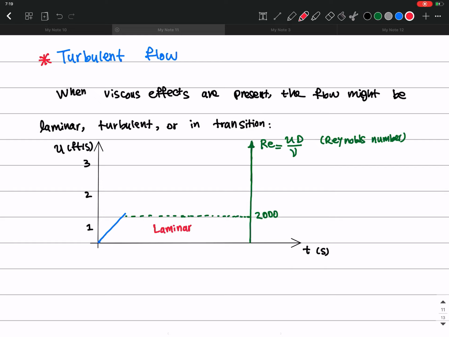But as you increase the velocity, you will see some small perturbations in the flow. In a pipe, you will see some small perturbations up to, let's say, Reynolds number of 4000. And this part, we call transitional.